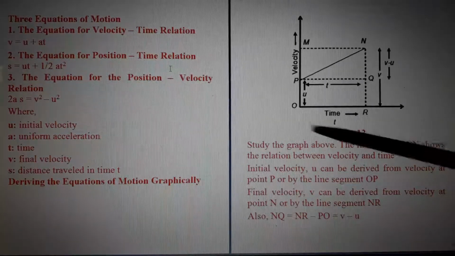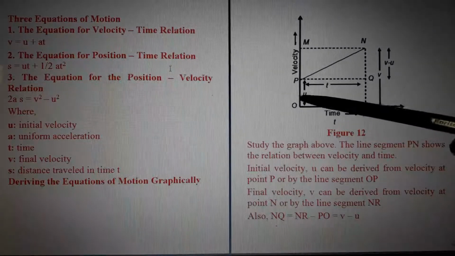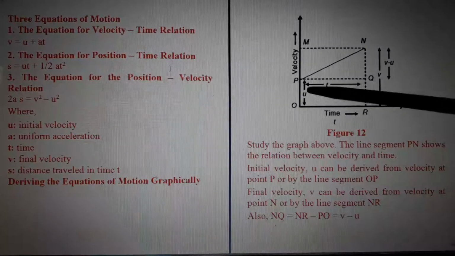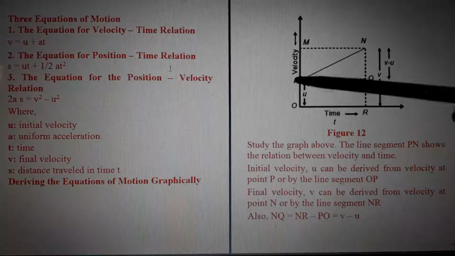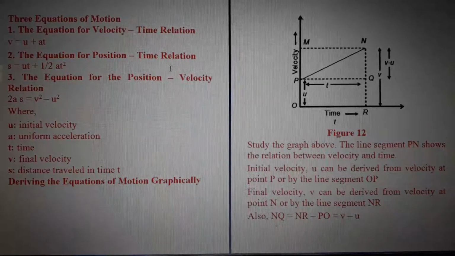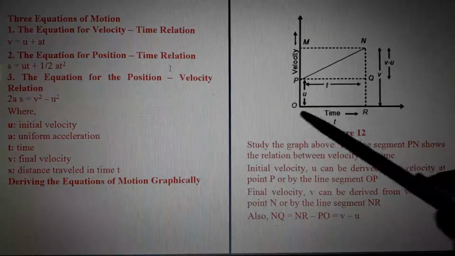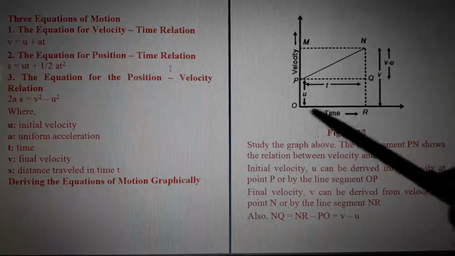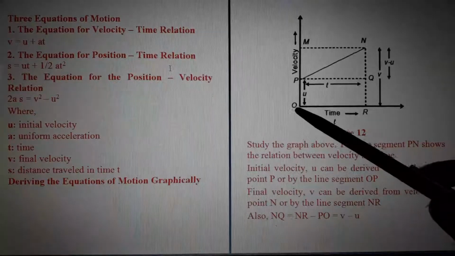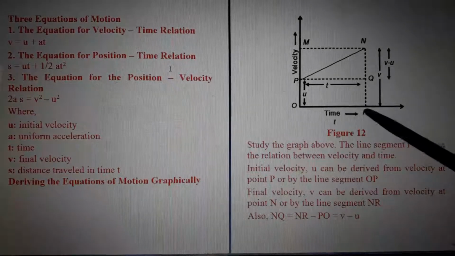So at a particular point we start, and the initial velocity at this part is called OP. Our body traveled for a particular time called OR, from this O point, the first point, to the final point.